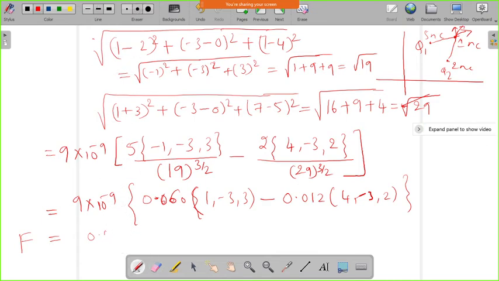Okay, 0.54. So this into 1 comma minus 3 comma 3, minus 9 into 0.012. What is the value? 9 into 0.012. 0.108. Okay.